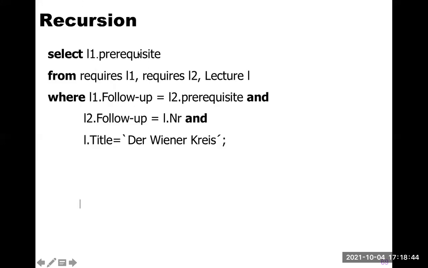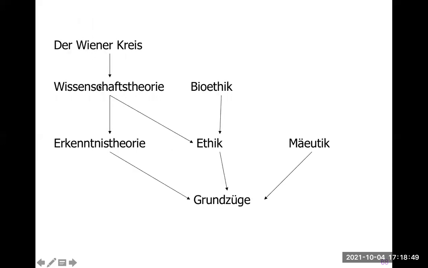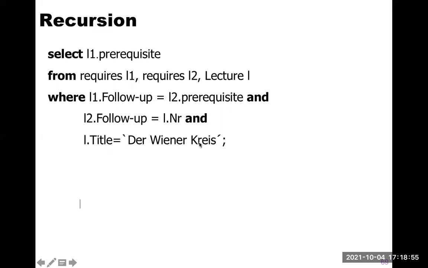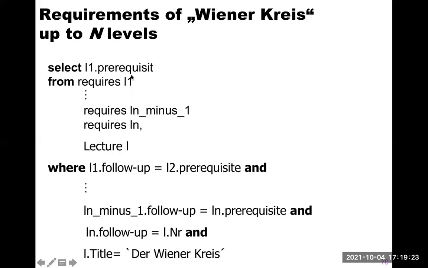And then what if I want to make a next step and search what Wissenschaftstheorie depends on? I have a lecture described by title, then the first follow-up is here in L2, that requires, and the next follow-up is where I want to search the prerequisite for the prerequisite. So I make two steps, and it takes another join with the same table requires.